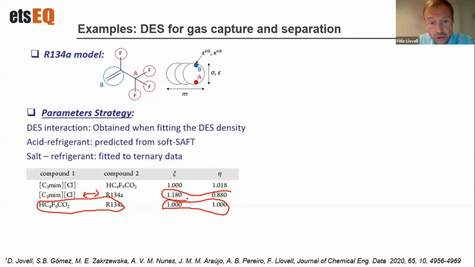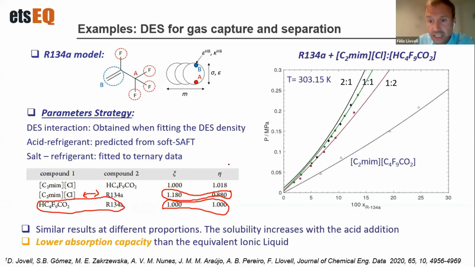These are the two binary parameters related to energy and size, constant for all ratios. And here are the results obtained. Here we can see that the lines at different ratio and 30 Celsius can describe very well the complexity of the system treated as a ternary mixture.